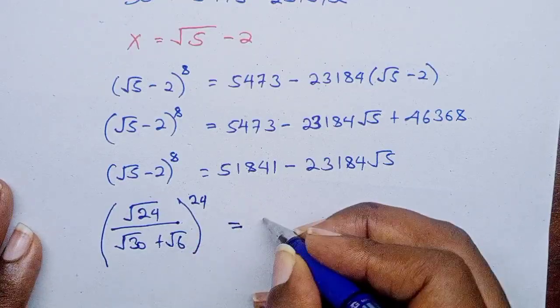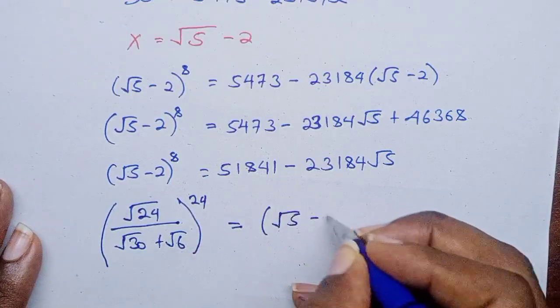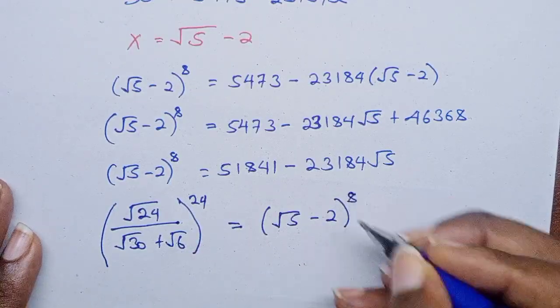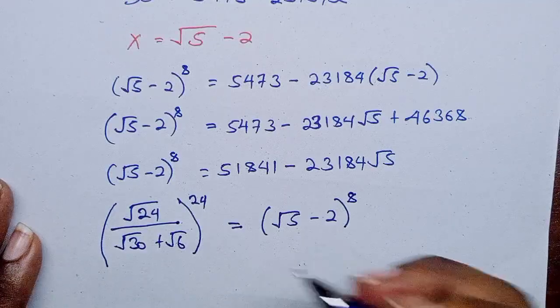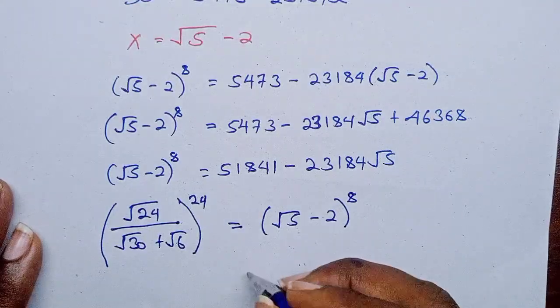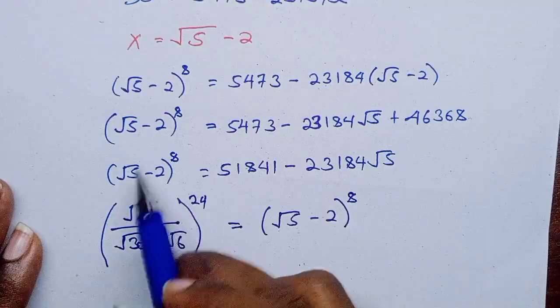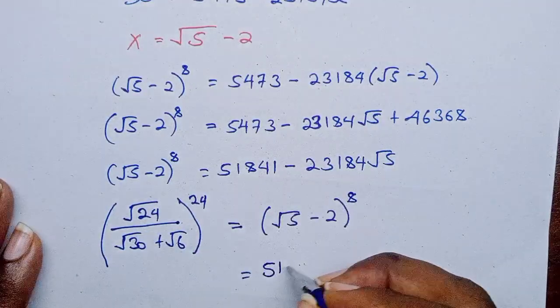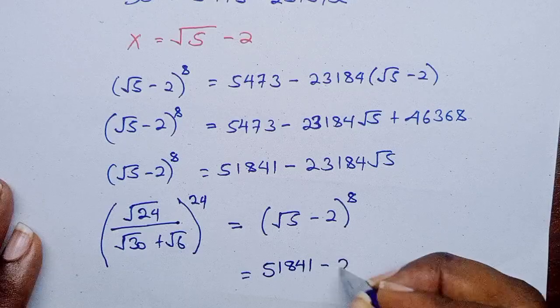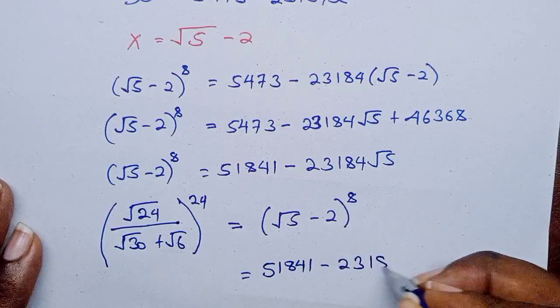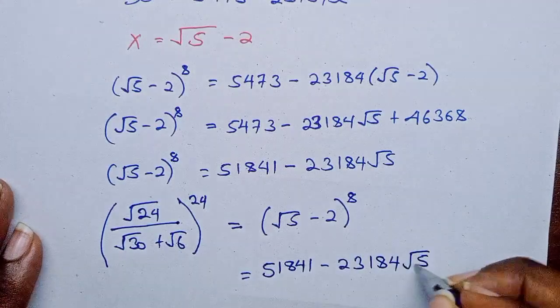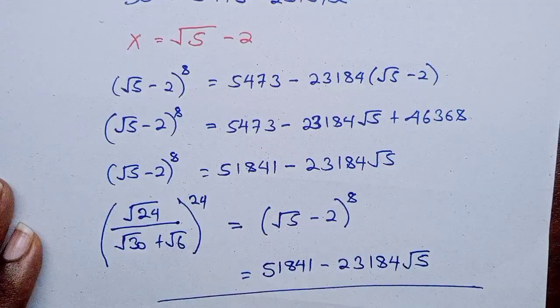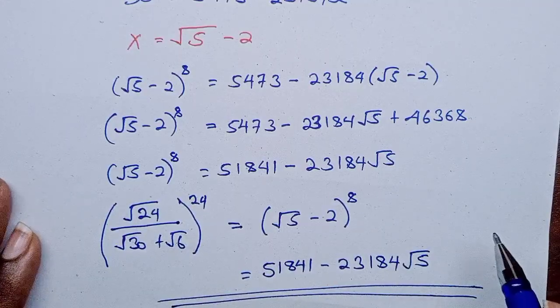We got it from equation 1, we got root 5 minus 2 to power 8. So this is equal to 51841 minus 23184 root 5. So this is the answer in simplified terms.